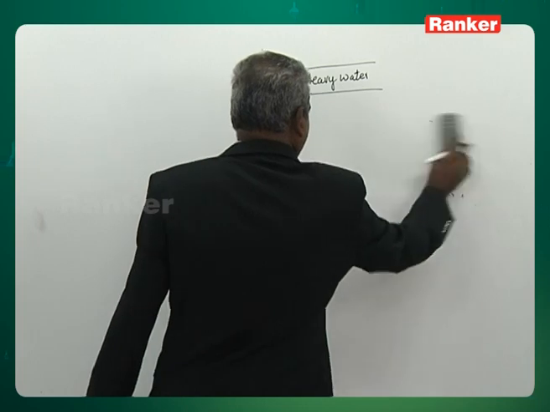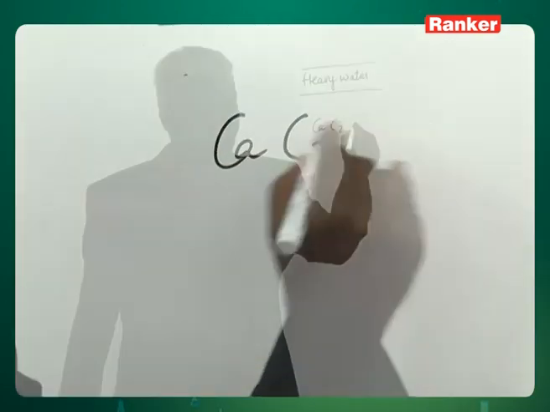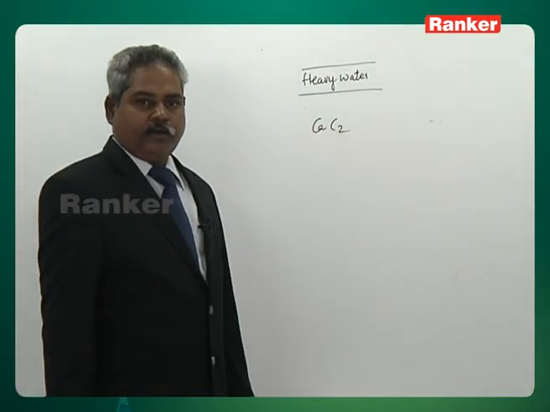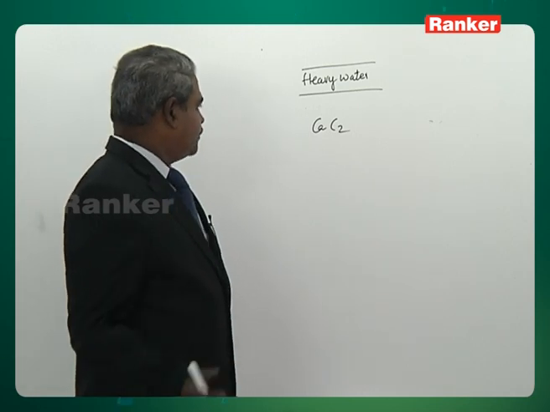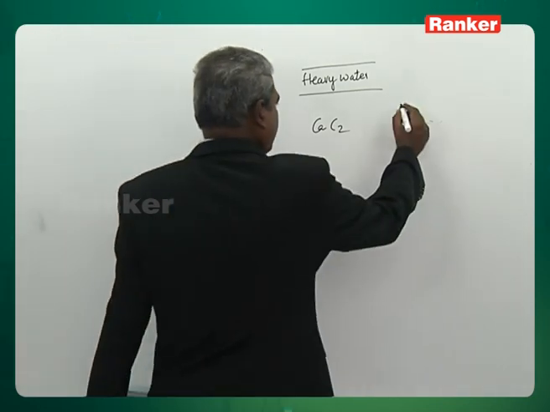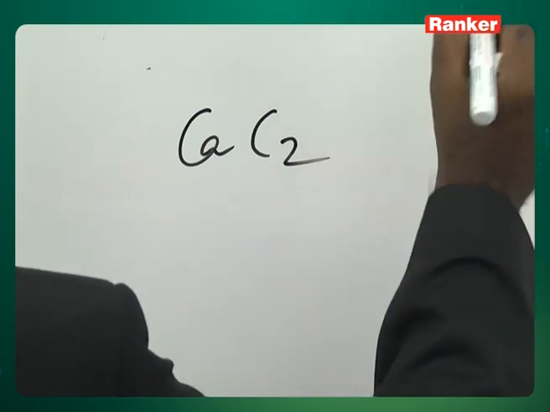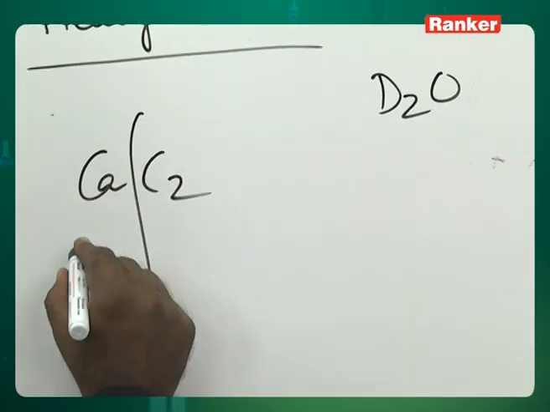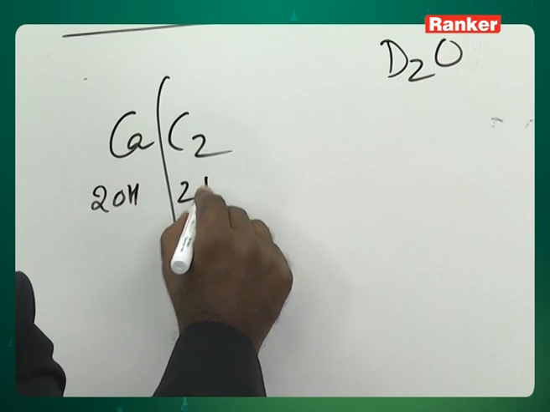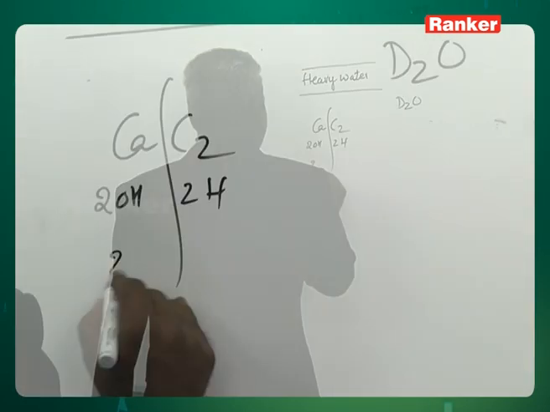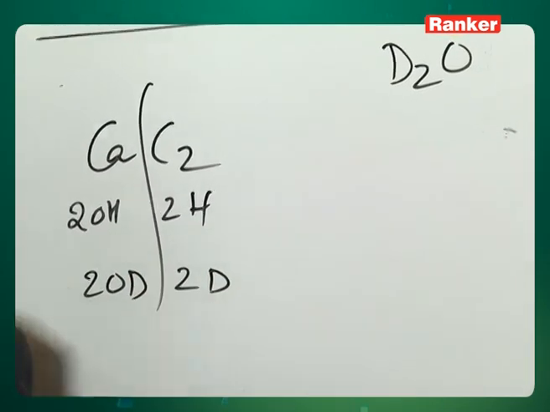Let us look at 2-3 more. Calcium carbide. Hydrolysis reacts with water. So, I want actually the reaction with D2O, but I am first reacting with H2O. 2OH, 2H. So, it is 2OD, 2D.